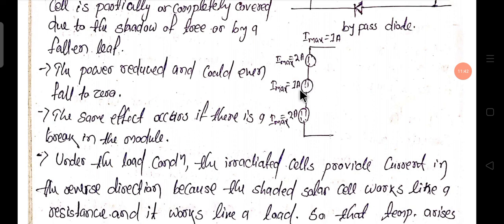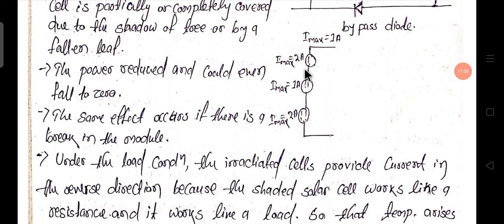If this solar cell is present in the shade area, it produces a low amount of current and acts like a resistor or load.